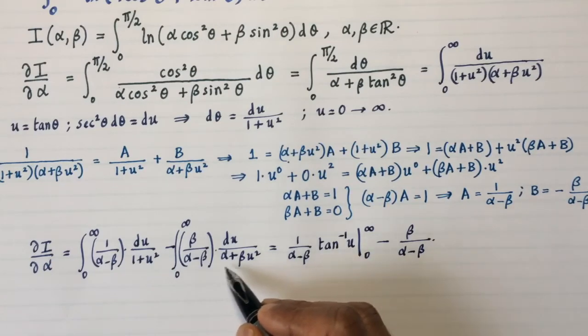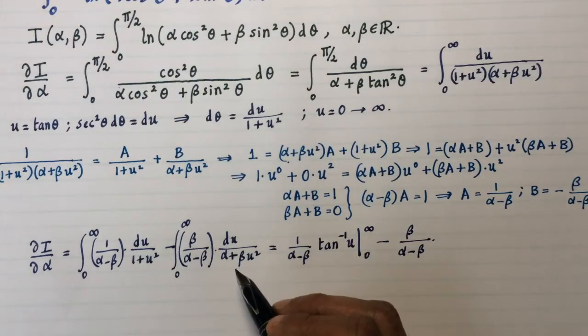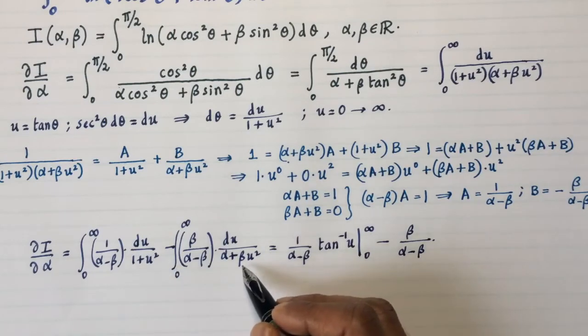Now this is also an arctangent substitution. However, the only difference between the previous integral and this integral is the presence of alpha and beta. Well, alpha does not matter, but what beta does is it produces a constant up front.